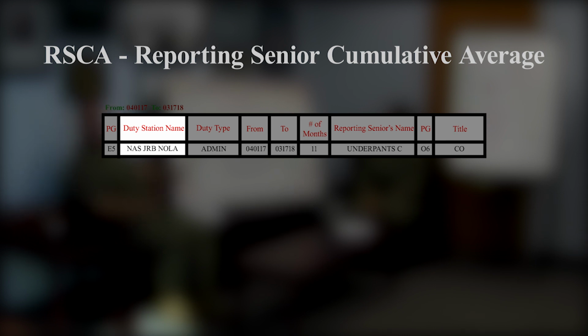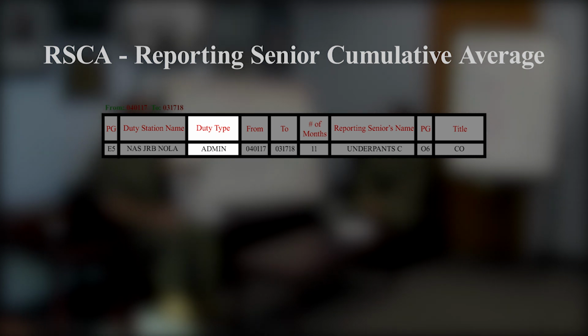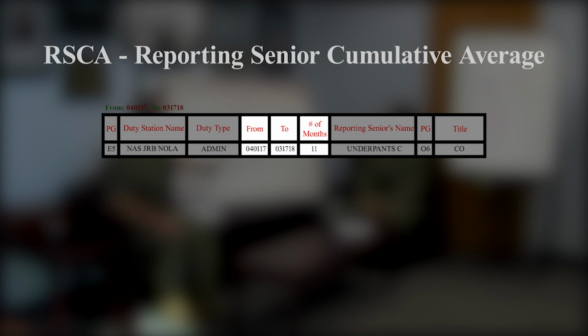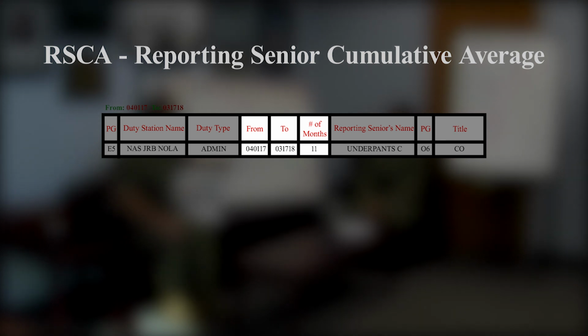This is a fictional record, so any coincidences are pure in nature. The duty type is administration, so this individual was in administration, and it's from the dates you see above, April 1st of 2017 to 17th of March 2018.